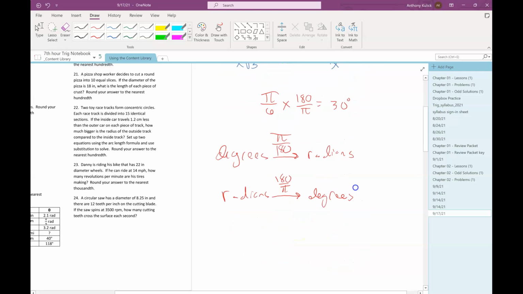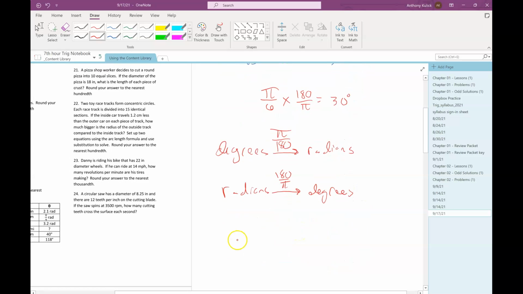I think the easiest way to remember this is it's like a unit conversion. If I have 60 degrees, when I multiply by the conversion factor, the degrees need to be in the denominator, and the radian part has to be in the numerator, so that when I multiply, the degrees cancel, and I'm left with something in radians.